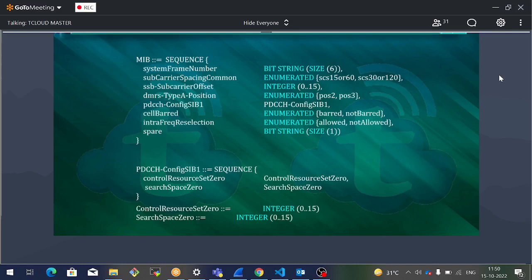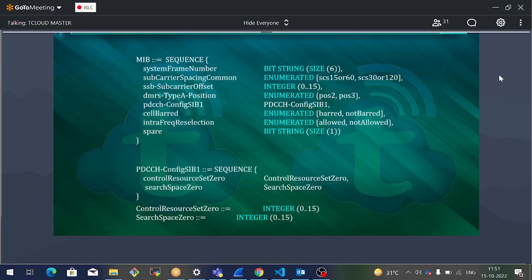Next, the SSB subcarrier offset. This SSB subcarrier offset is called KSSB. If you remember, we already received some part of the KSSB earlier. You remember it is adding that KSSB as part of the payload generation bits. The MSB bit is getting added in the payload generation part, the most significant bit.